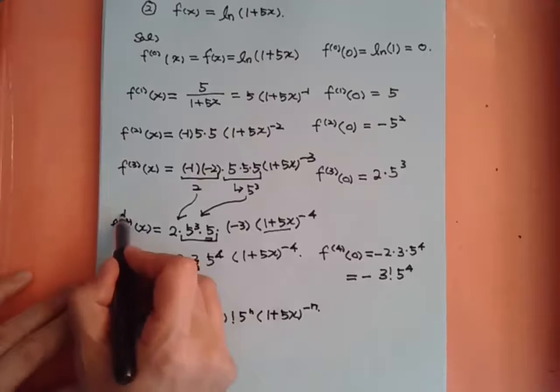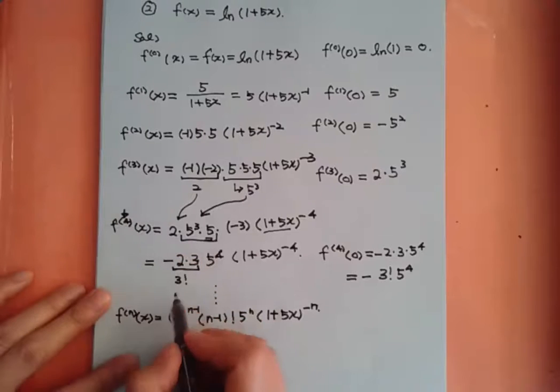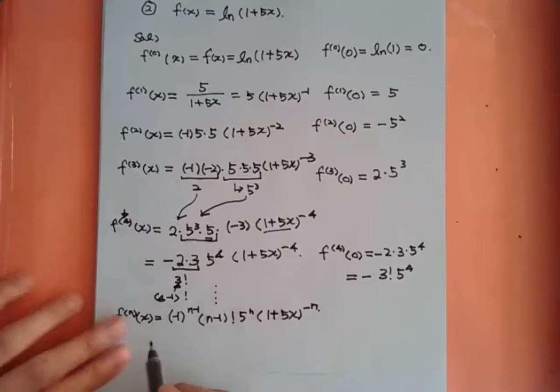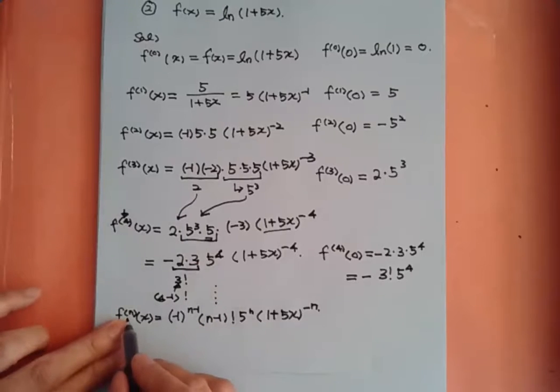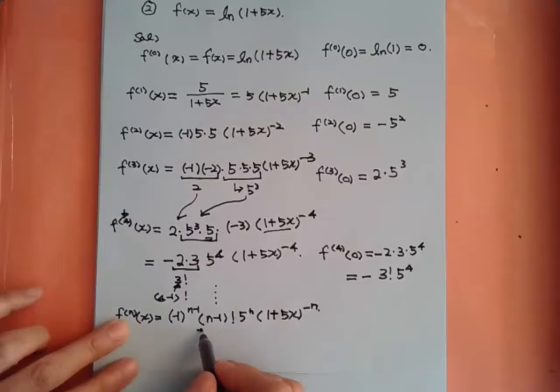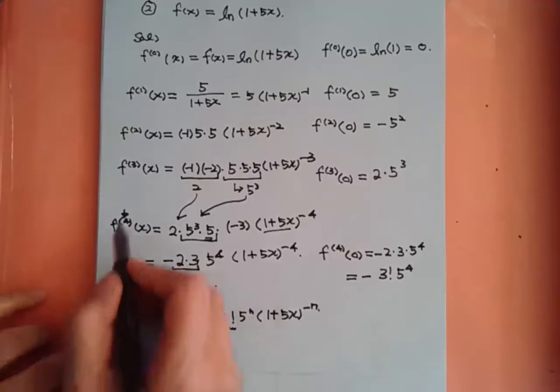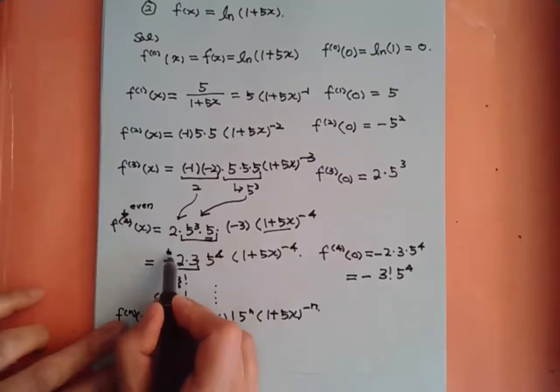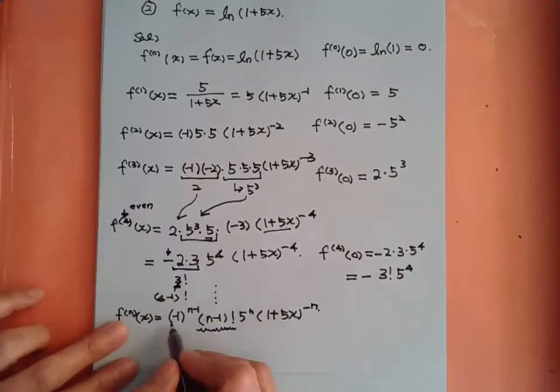This number is 4. So this is 4 minus 1 factorial. When we generalize, when we think about the nth derivative, that becomes n minus 1 factorial. And when n is an even number, the sign is negative. So we have to raise negative 1 to the n minus 1 power.